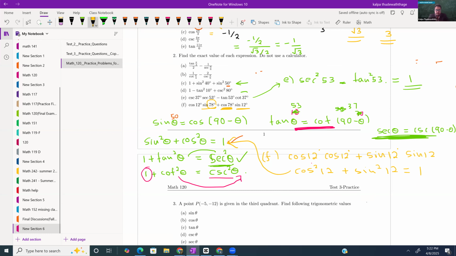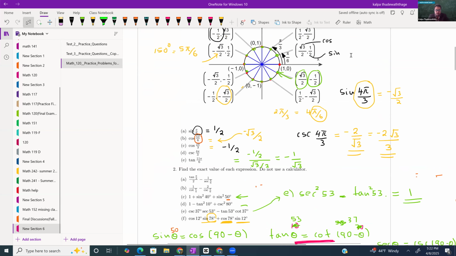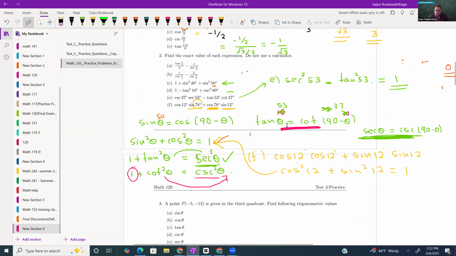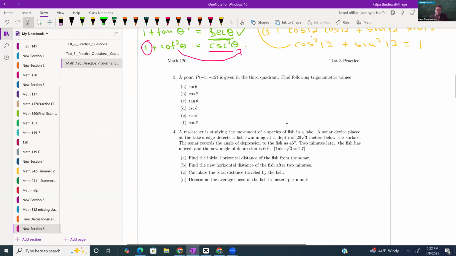Okay, right. So let's go to question number 3. So you have a point given in the third quadrant. It could be any quadrant. In this case, I give you a point on the third quadrant. I may give you a point on the second quadrant, fourth quadrant, first quadrant.